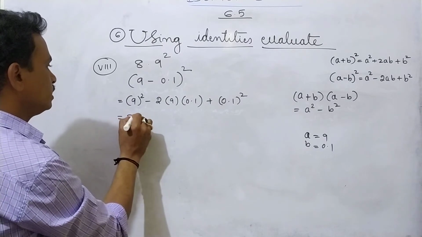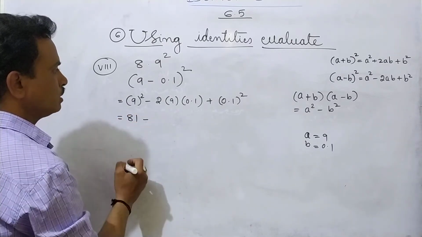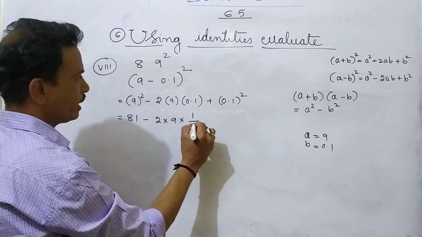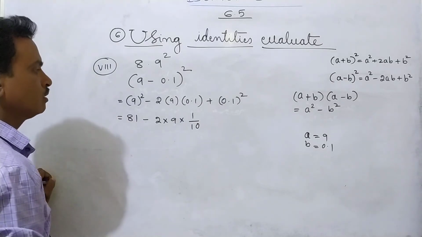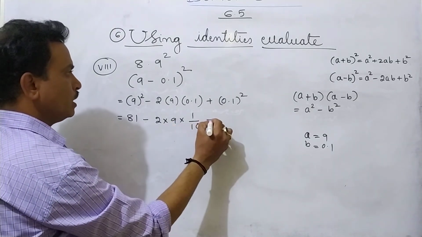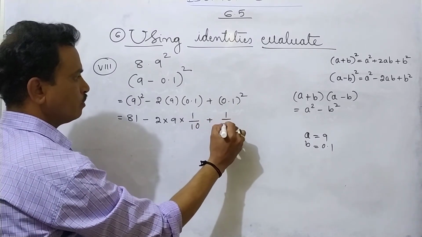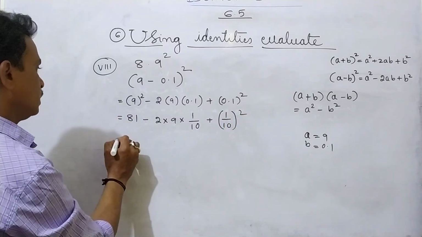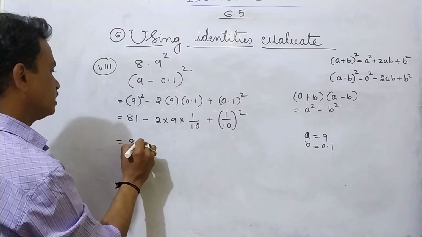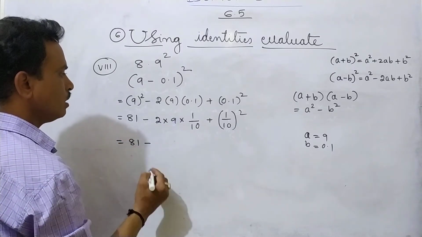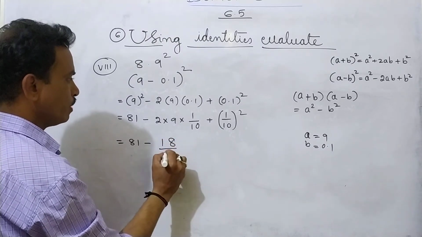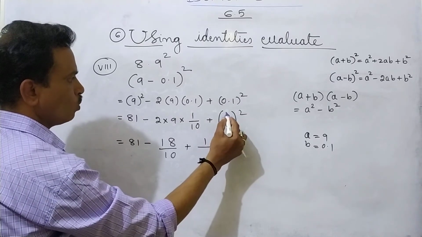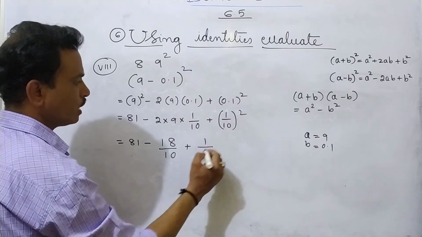Now here 9 square is 81 minus 2 into 9 into 0.1, which can be written as 1 by 10. Then plus 0.1, this can be written as (1 by 10) whole square. Now 81 you should write as it is, minus 2 9s are 18 divided by 10, plus 1 square divided by 10 square, which is 100.